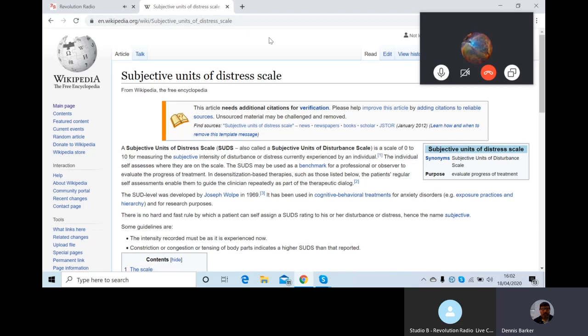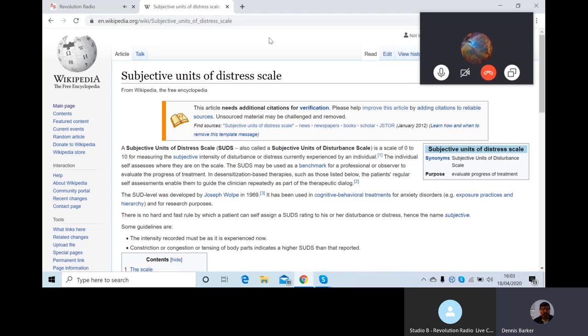The individual self-assesses where they are on the scale. The SUDS may be used as a benchmark for a professional or observer to evaluate the progress of treatment. In desensitization-based therapies such as those listed below, the patient's regular self-assessments enable them to guide the clinician repeatedly as part of the therapeutic dialogue.